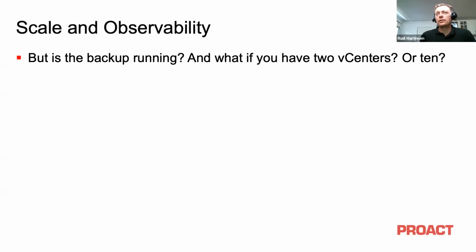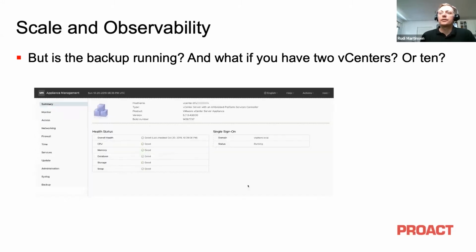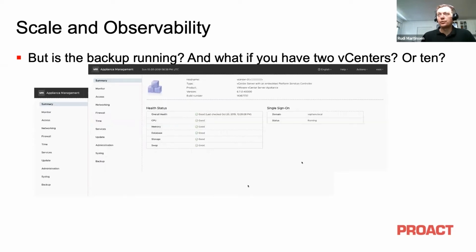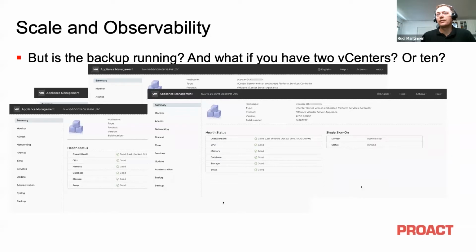But what about other stuff than this front page? How can you know if the backup is running, or that all the services are healthy, or if there are any updates available? And what if you have 2 vCenters or 10 or even more?